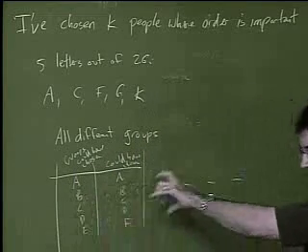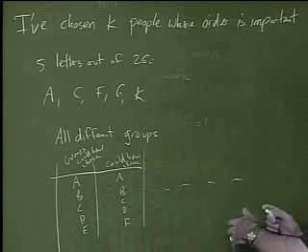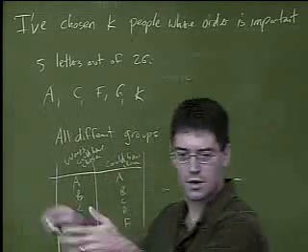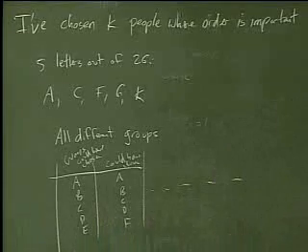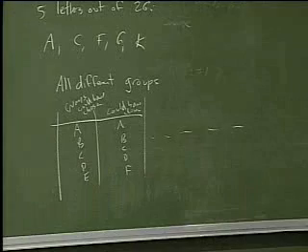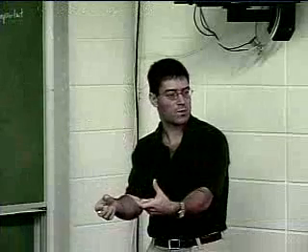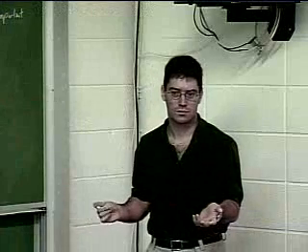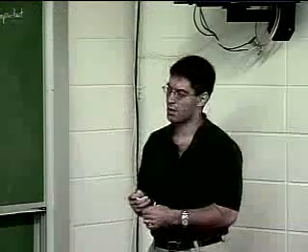And since it's the same 5 or k factorial for each of them, you can then divide this quantity by k factorial. It's because regardless of which people I chose, or which letters or whatever, there's always k factorial groups that would have had the same set of people, just in a different order. So you can divide out by that quantity. Okay?